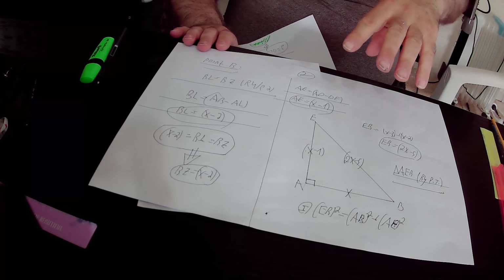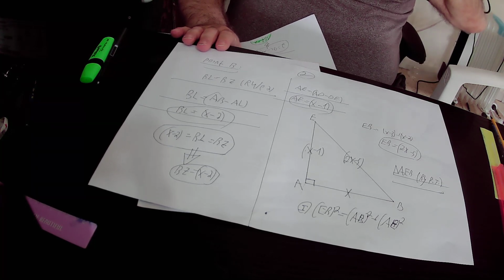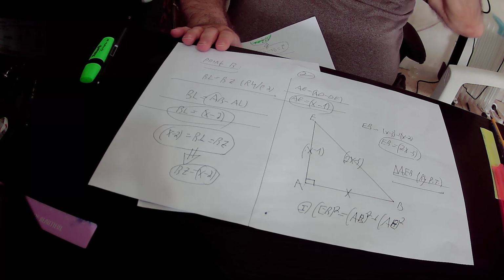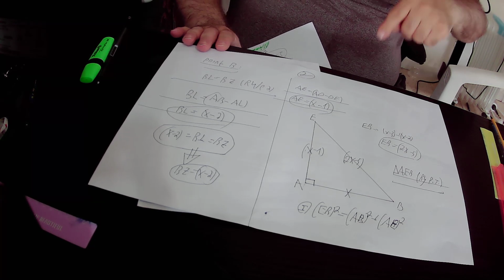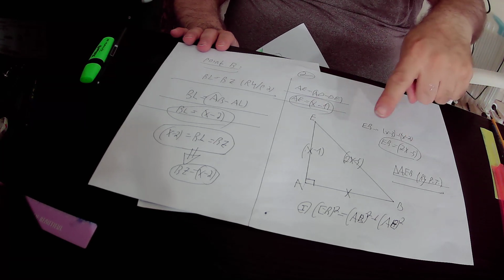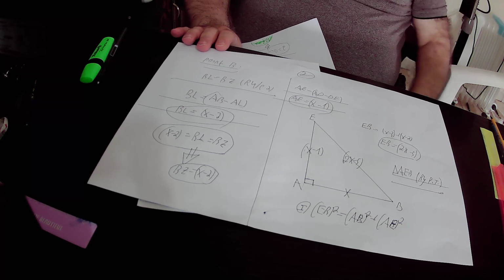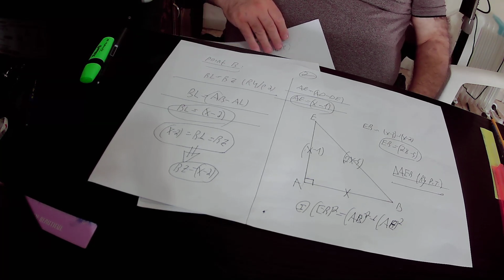Then we implemented the Pythagoras theorem on this right triangle, triangle EAB. According to the Pythagoras theorem, the square of the hypotenuse equals the sum of the squares of the other two sides. That is to say, EB squared equals EA squared plus AB squared.